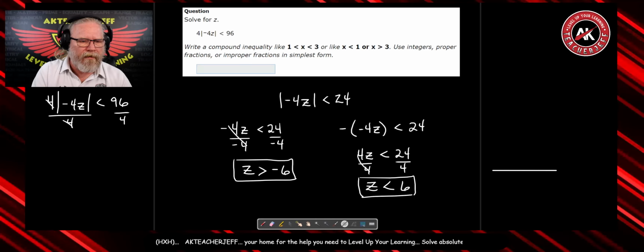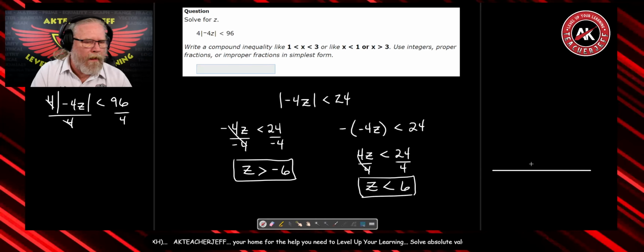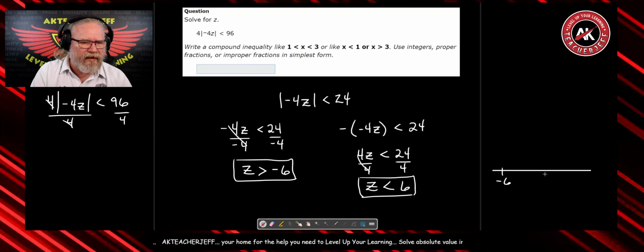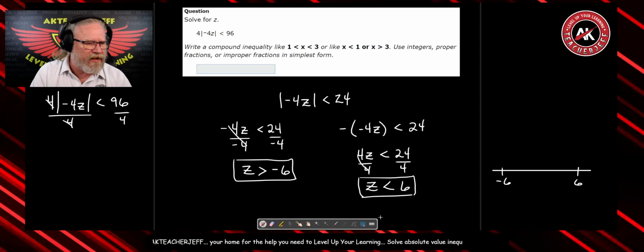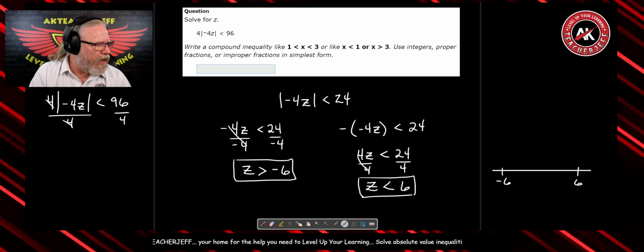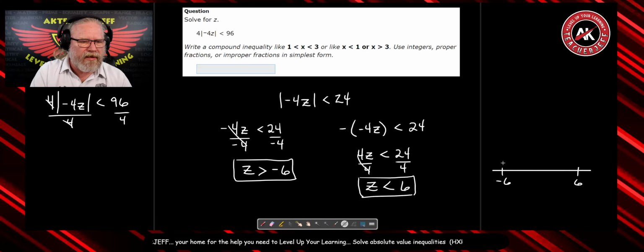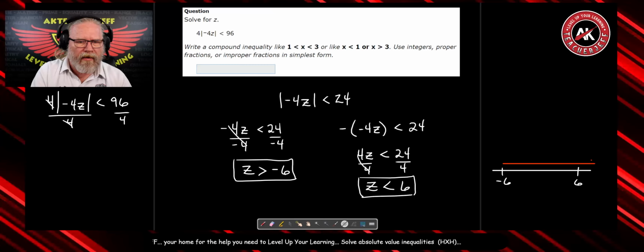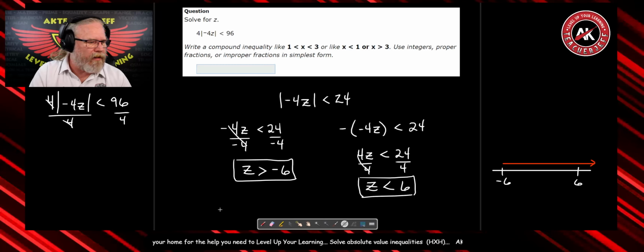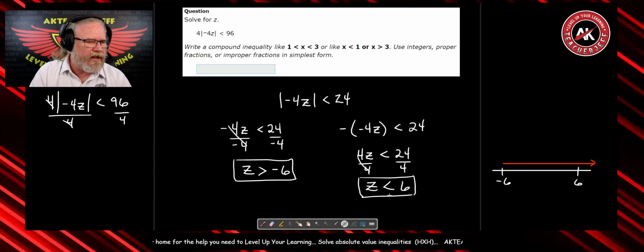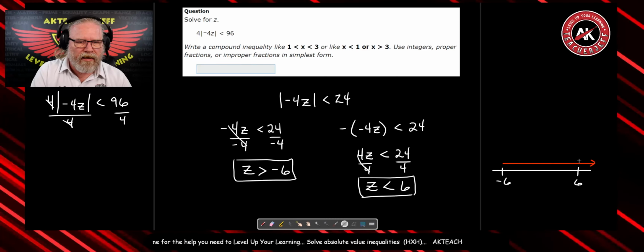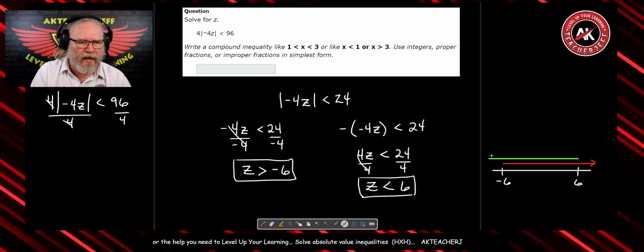Let's double check. Make my graph there. Plot the lesser value, negative 6, the greater value, positive 6. Let's look at the first one. Everything greater than negative 6, so that's going to be everything going that way. And then everything less than positive 6, it's going to be everything going this way.